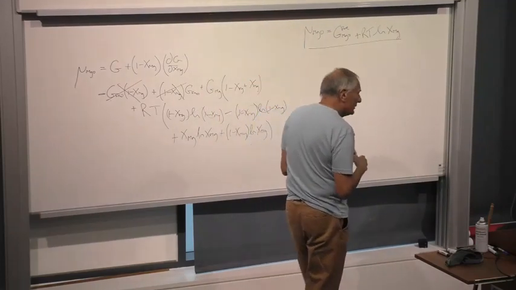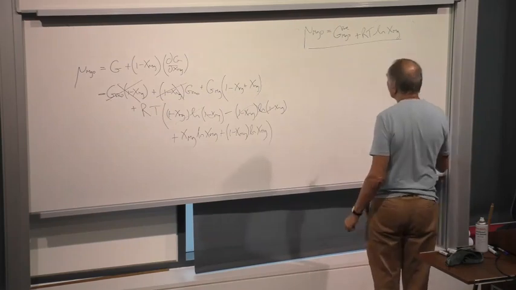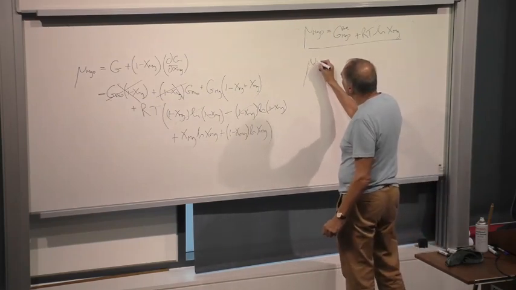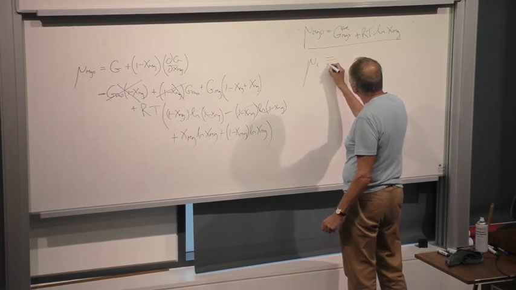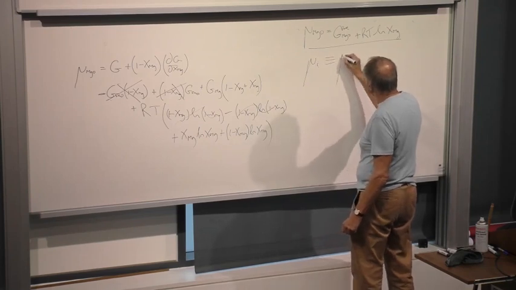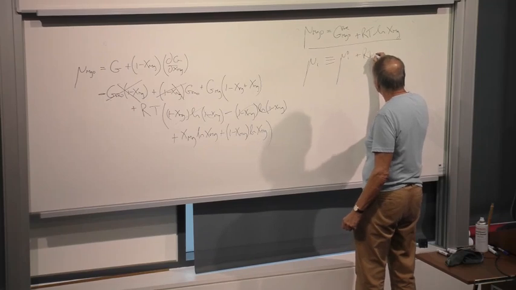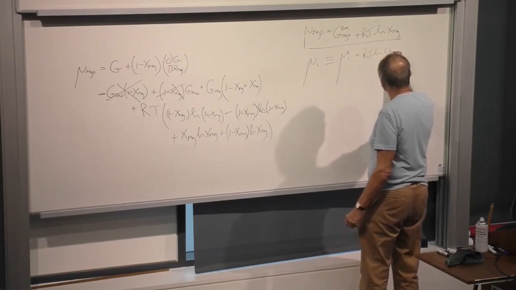Now we come to an important thermodynamic definition, which is that mu of i is mu 0 of i plus RT ln activity of i.